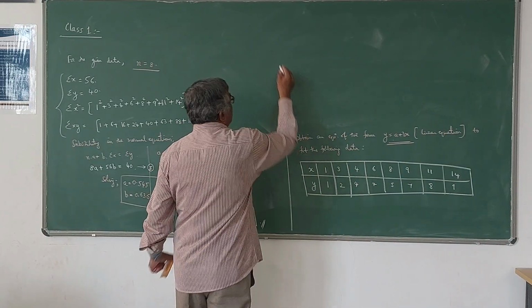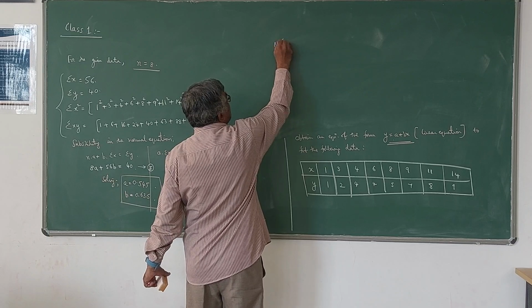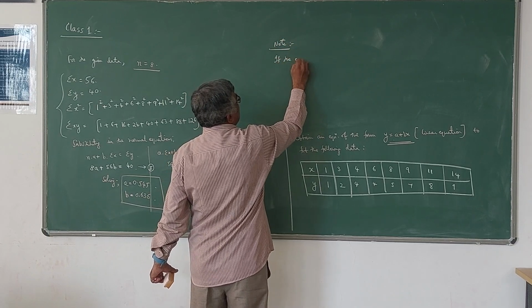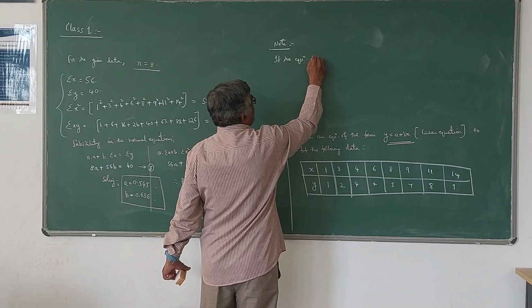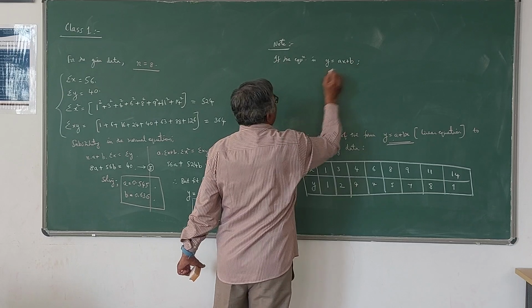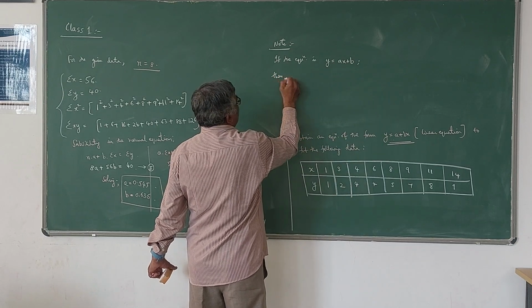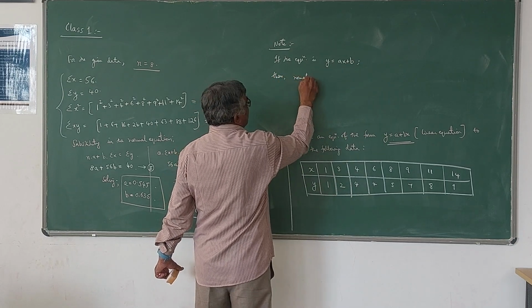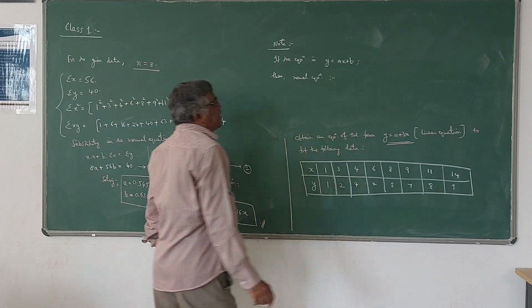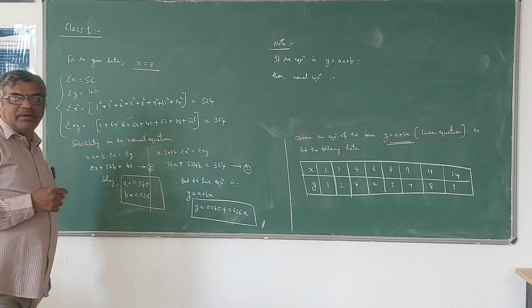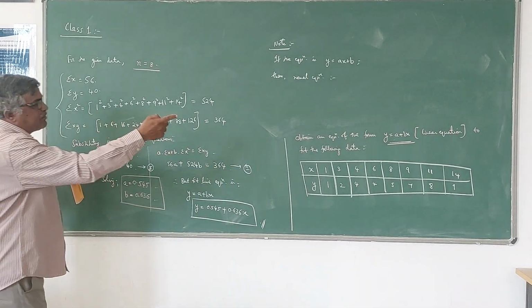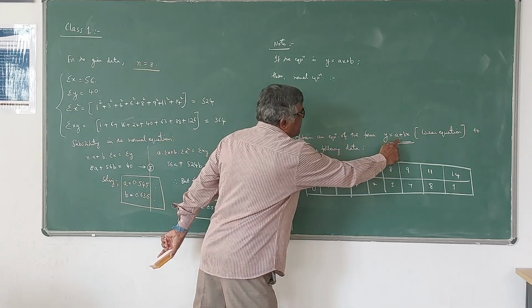Suppose the equation is y is equal to ax plus b, then the normal equations will be slightly different. You have to interchange a and b.